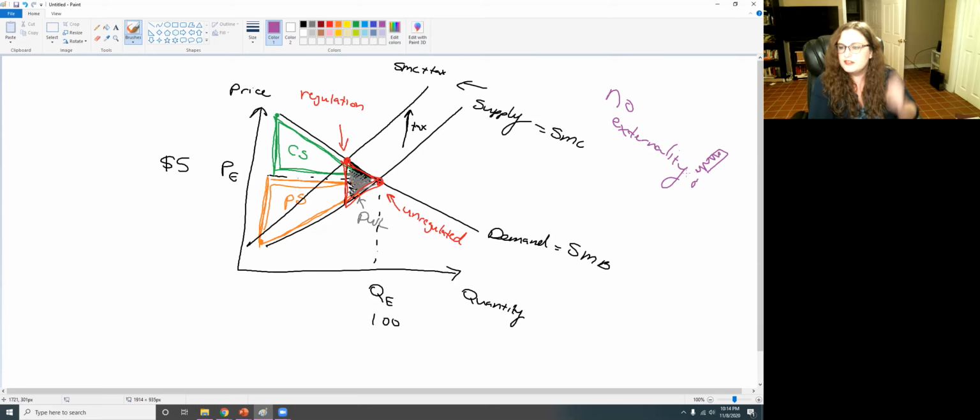Please remember that for the next like 30 minutes. We're going to get into the case of what happens when there's an externality and a tax, but in all the stuff that I'm talking about at the beginning, we're going to assume there's no externality so that this unregulated market's actually efficient. Okay, you know where we are?